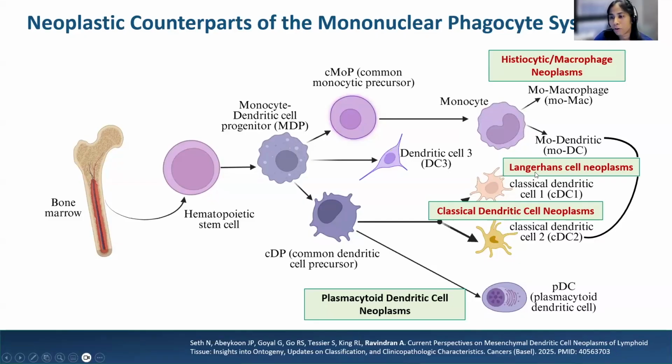So based on the cell of origin, they could be giving rise to histiocytic macrophage neoplasms or classical dendritic and Langerhans cell neoplasms. Now, these plasmacytoid dendritic cell neoplasms, although they share the common ontogeny with the other histiocytic neoplasms, have a completely different clinical course and biology. The most common entity in this group is the blastic plasmacytoid dendritic cell neoplasm, which essentially behaves like acute leukemia. So they're really distinct compared to the clinical behavior of other histiocytic lesions.